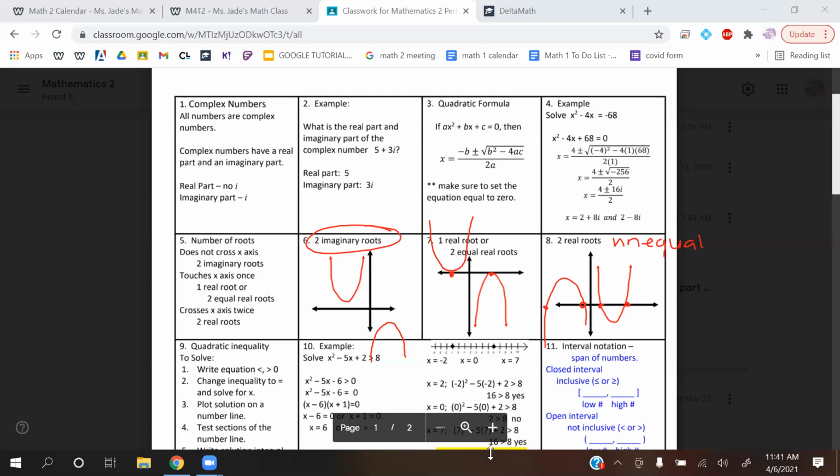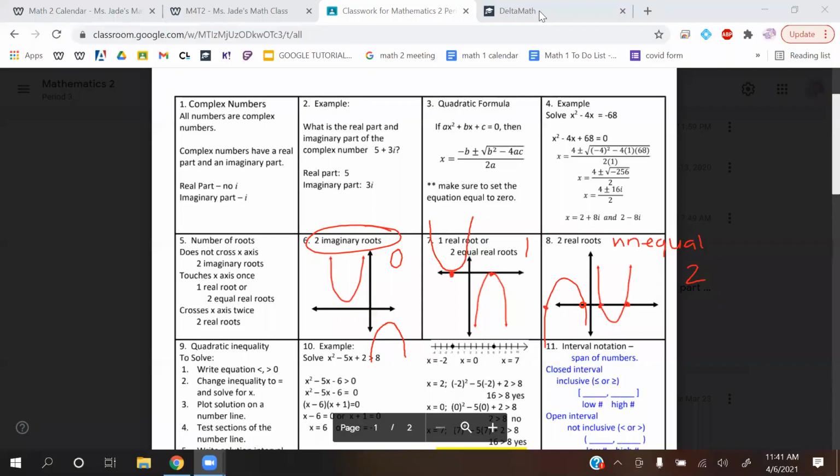Okay, so your parabola can either touch it 0 times, 1 time, or 2 times. If it touches it 0 times, that's an imaginary root. If it touches it 1 time, that's 1 real root or 2 equal real roots. And if it touches twice, it's 2 real roots, unequal. Okay, any questions?